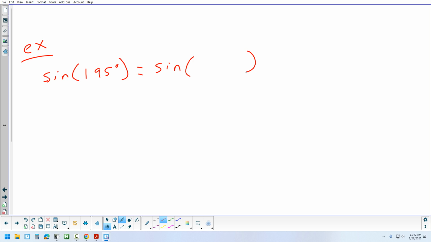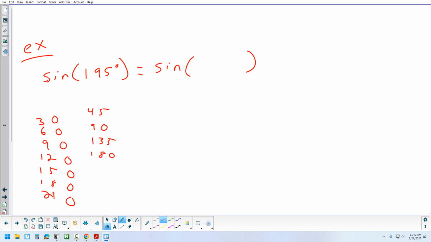Okay, so anybody see, again, sometimes it helps if you're not sure, write down the different numbers you can use. That's some of the multiples of 30. Some of the multiples of 45, it's not all of them. I'm not going to need anything higher. 150 plus 45.